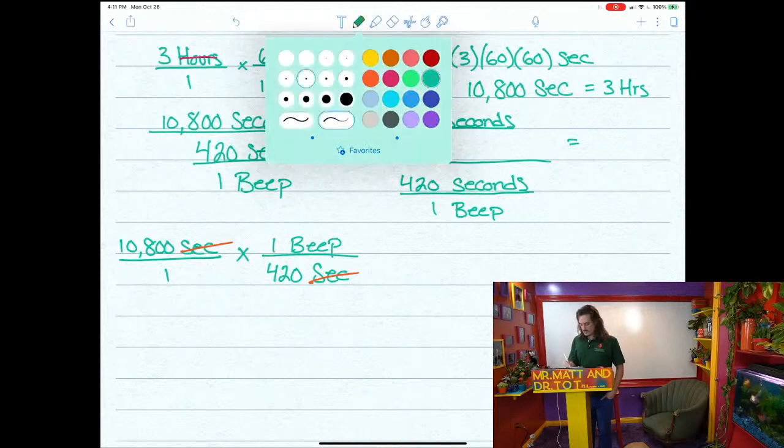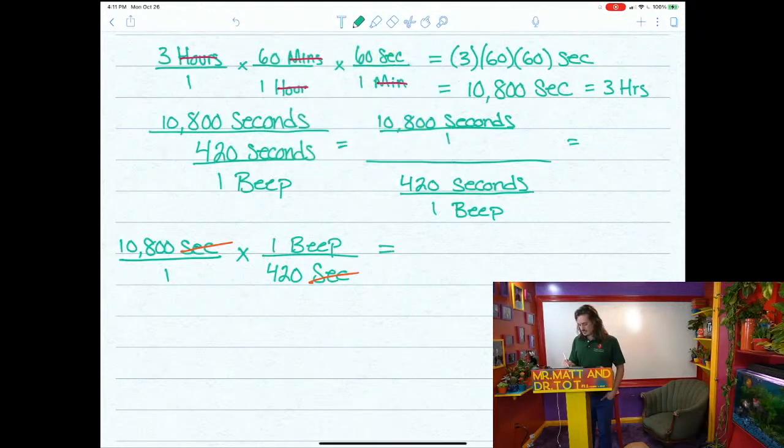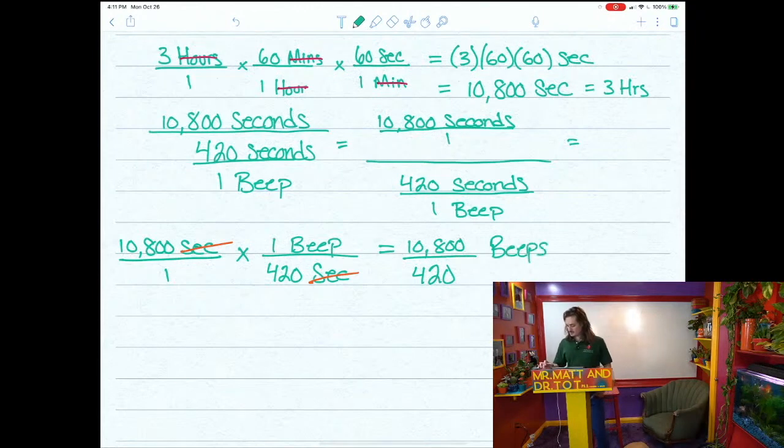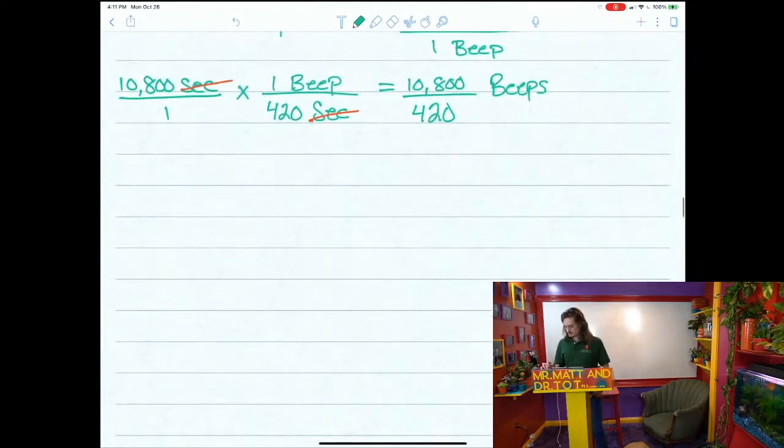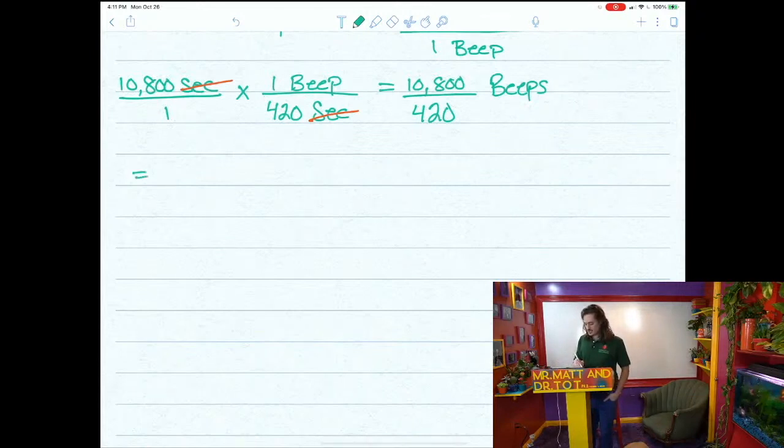So multiplying, we just get 10,800 over 420, and this is in terms of the units of beeps. And so our answer, when I do that division, I get 25.7 if I round.